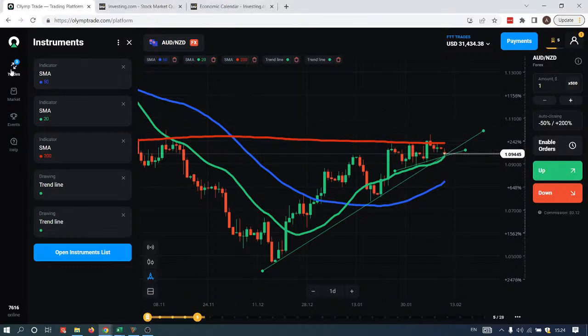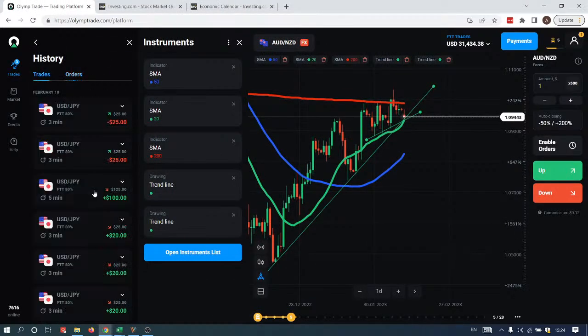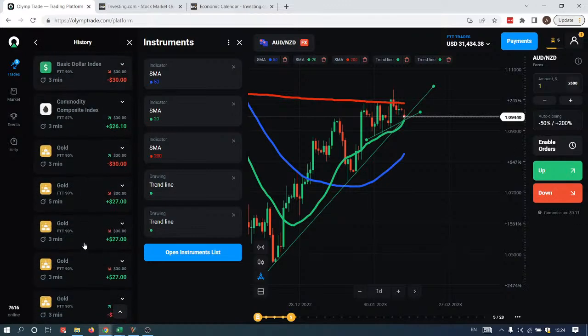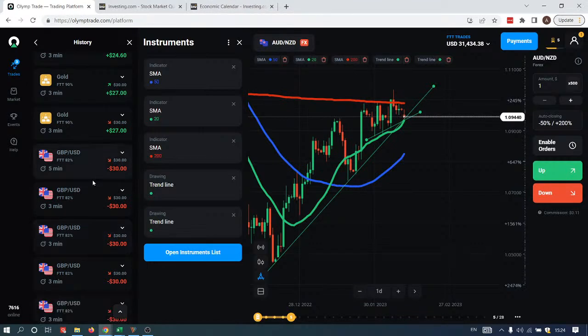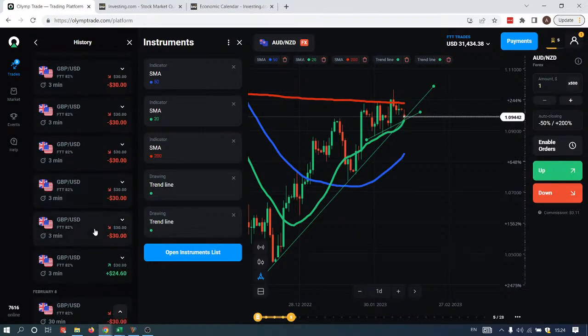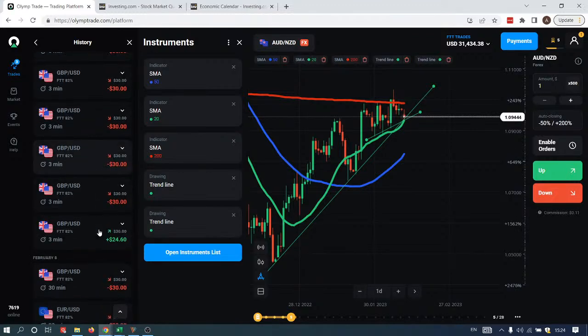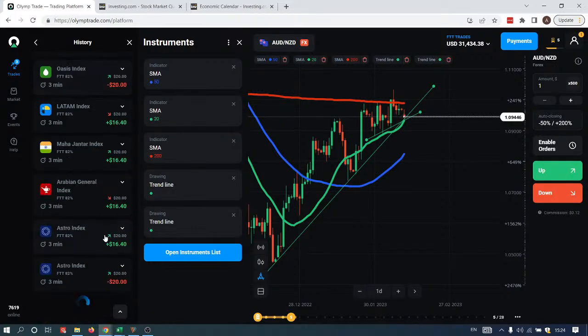Now it's very convenient to see. For example, here it's profitable, red, green, red. I don't have long ones. Okay, maybe this one. Let's see. All right, so I had 1, 2, 3, 4, 5, 1, 2, 3, 4. Was that 5, 6, 7? So 7 losing trades in a row. Yes, I also have losing sequences from time to time.